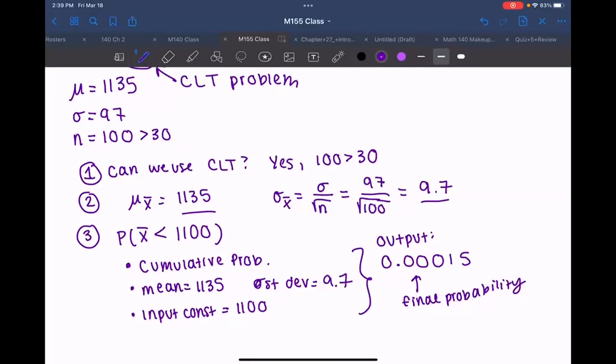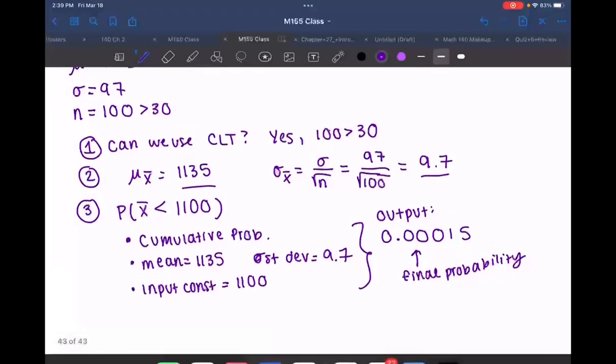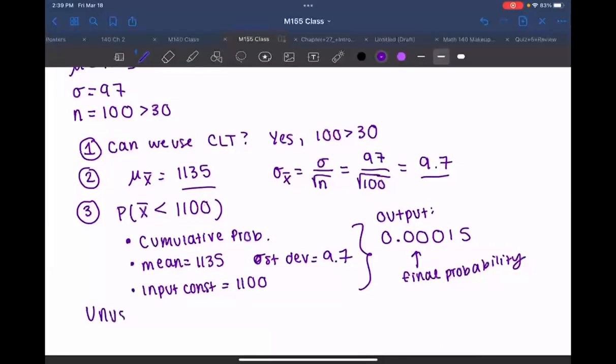It was less than like 0.05. Yeah, like this probability is really, really small, right? It's like, I don't know, it's 0.1% or maybe 0.01%, I think. So yes, it would be unusual. Okay, and the reason behind this is because the probability is very small.